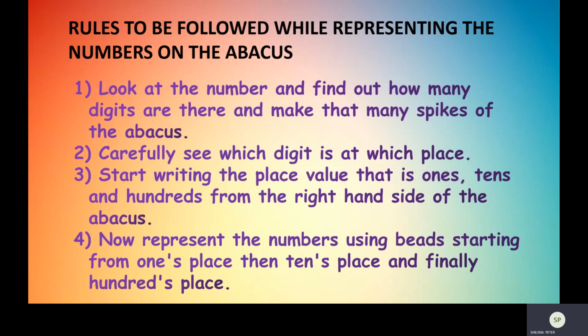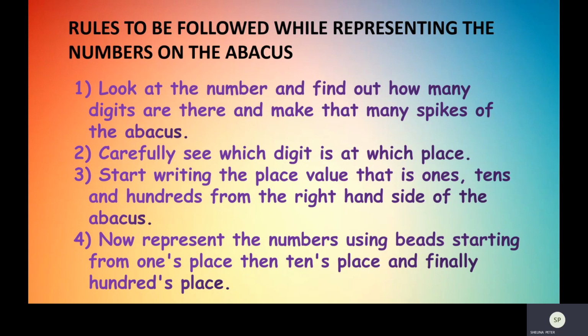Now you have to learn the rules to be followed while representing numbers on the abacus. Just keep in mind these 4 rules. First, look at the number and find out how many digits are there and make that many spikes on the abacus. Second, carefully see which digit is at which place.